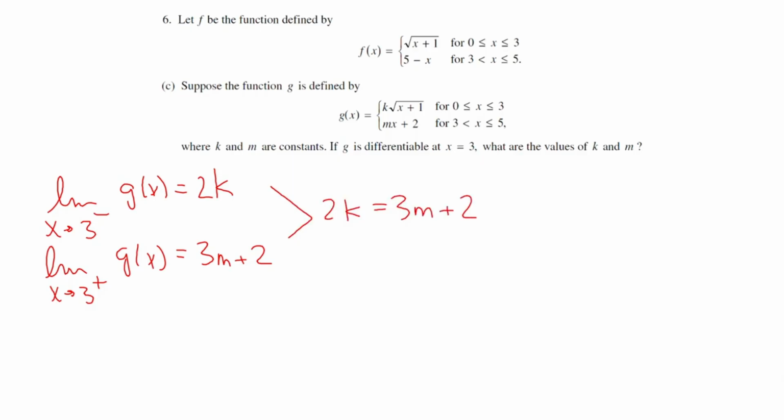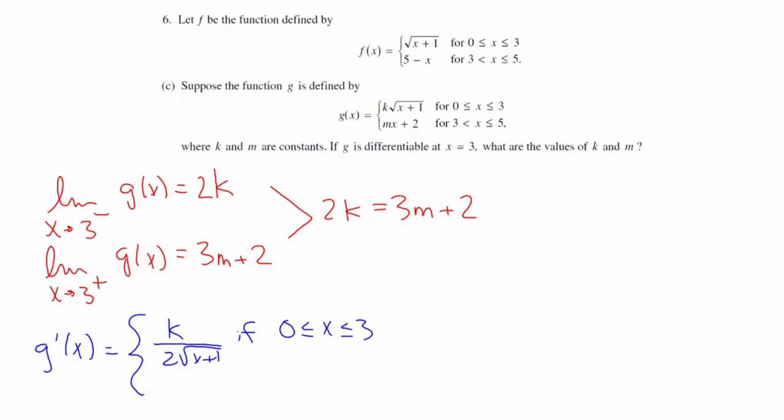Now we also have to make the derivatives match up, right? So we'll do that here. G prime of x is going to equal the derivative of k root x plus 1. The k is just a constant, so it'll just be a k, and then times the derivative of root x plus 1, which is 1 over 2 root x plus 1, if x is between 0 and 3.